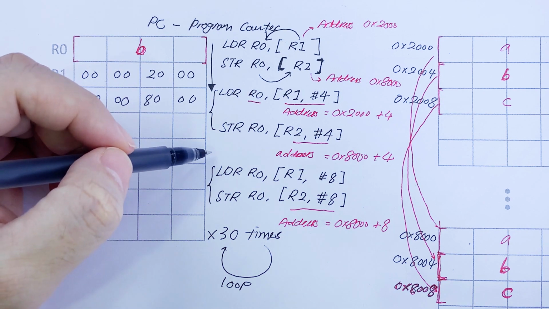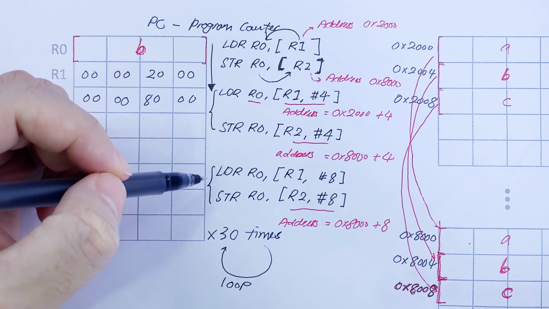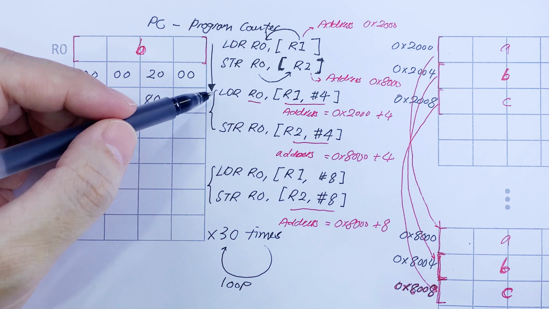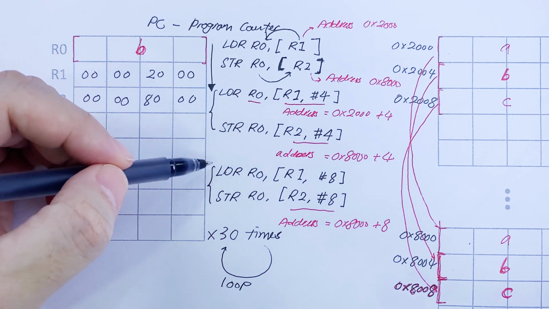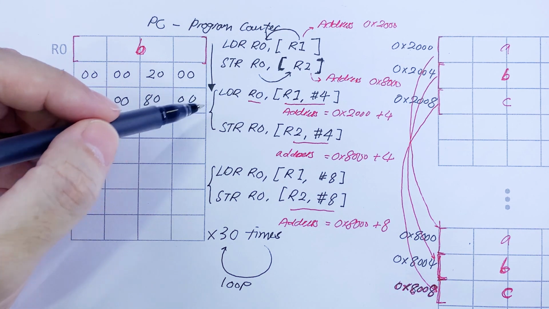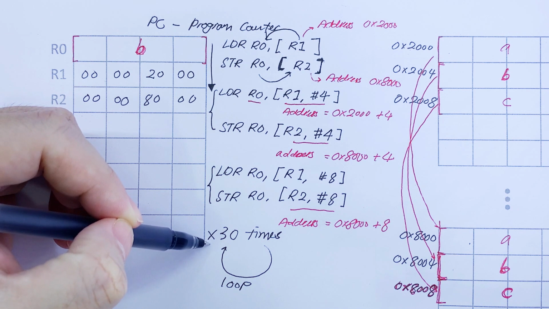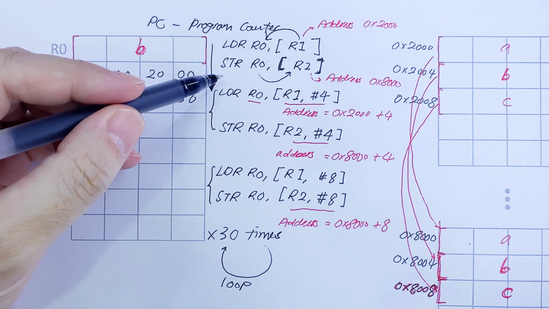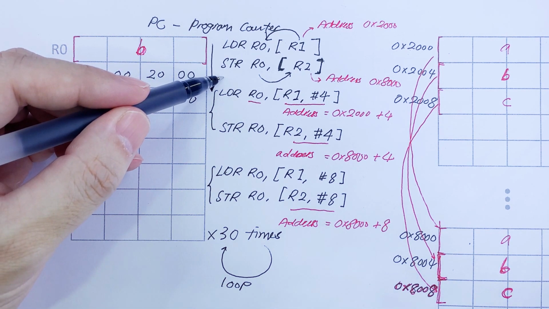The branch instruction is used if you need to move the instruction index further away or go back to a line above.